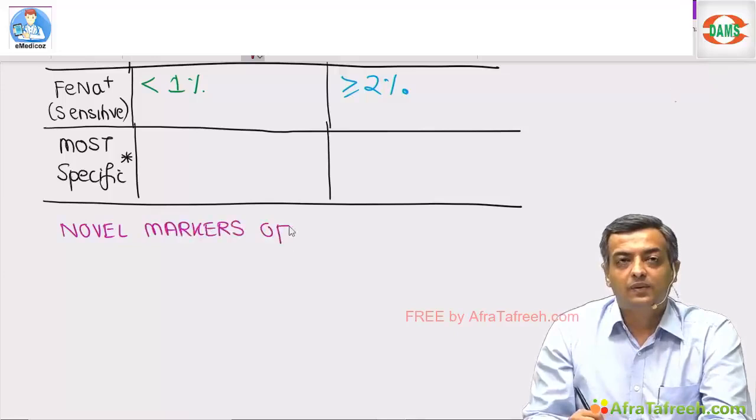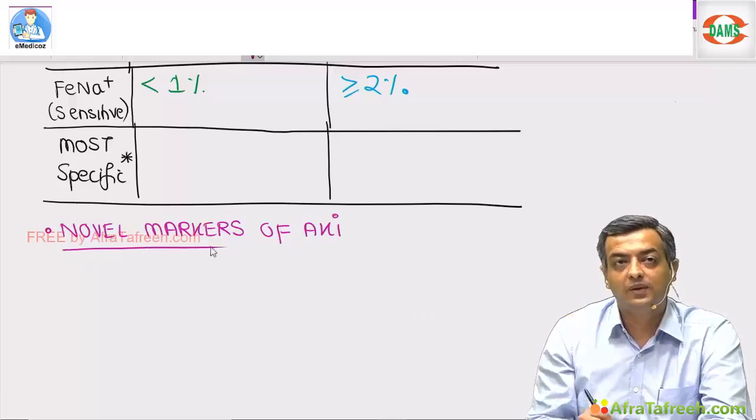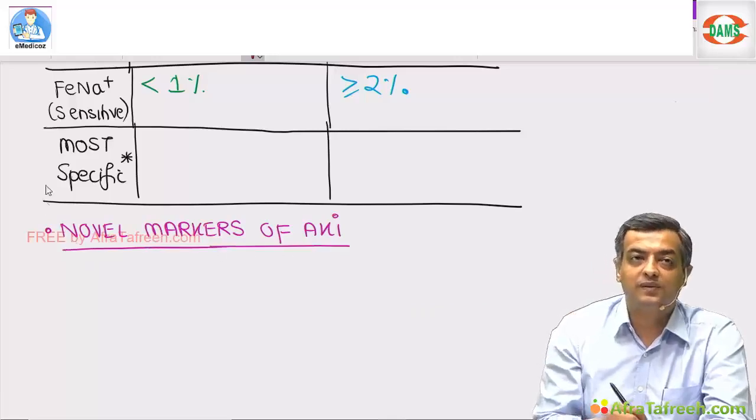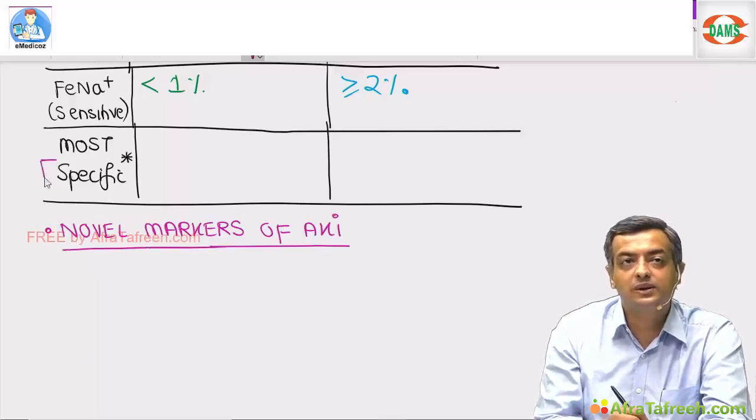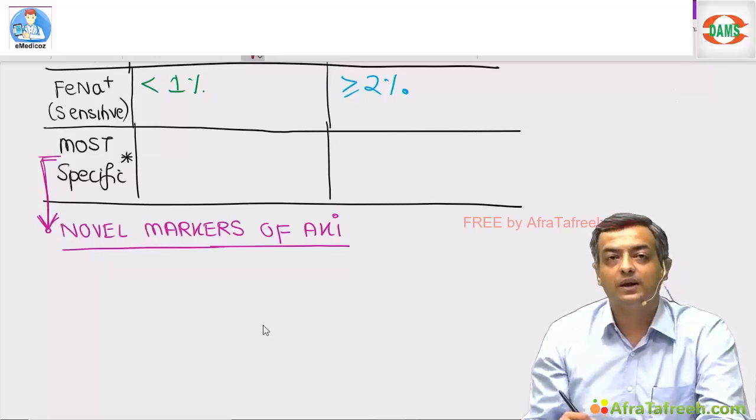There are a few novel markers of acute kidney injury.